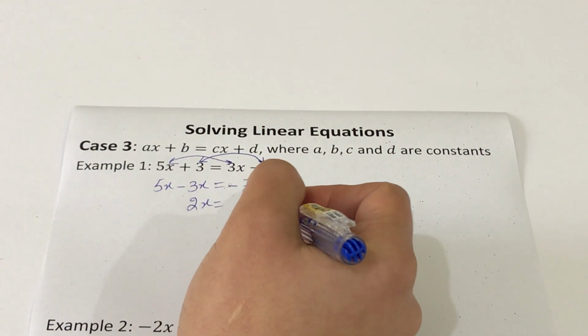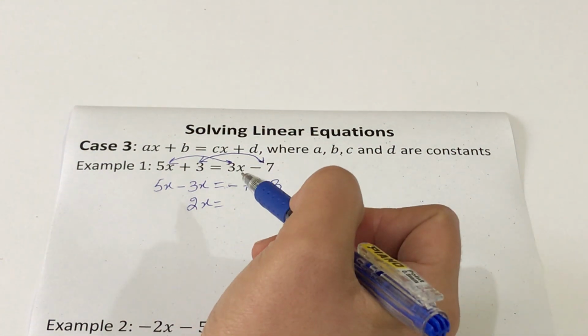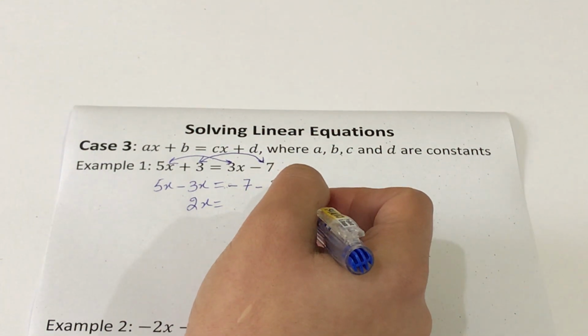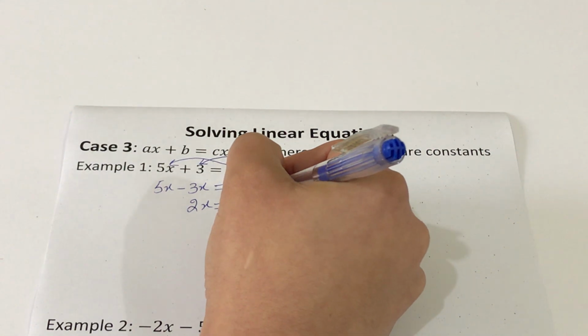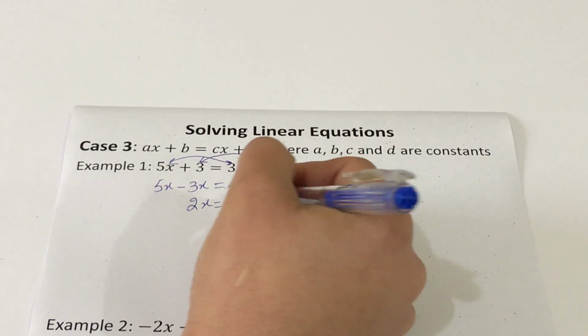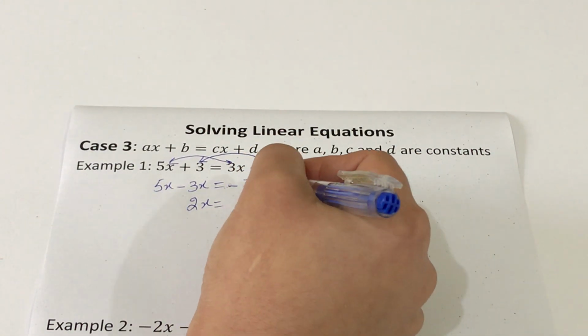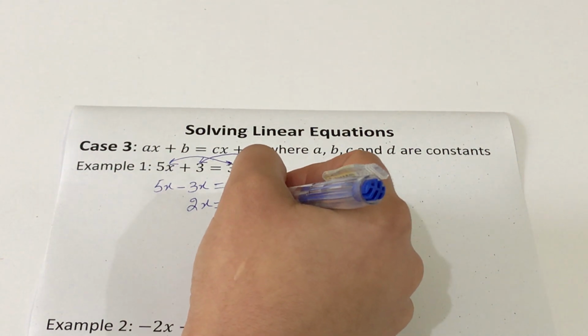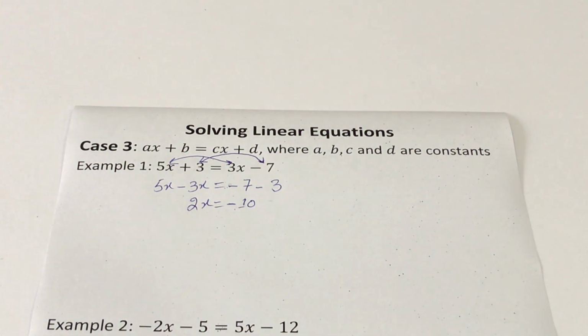Both have same signs. For same signs you have to add the terms. So 7 plus 3 is equal to 10, and keep the sign of greater number. 7 is the greater number, so it would be negative 10, right?